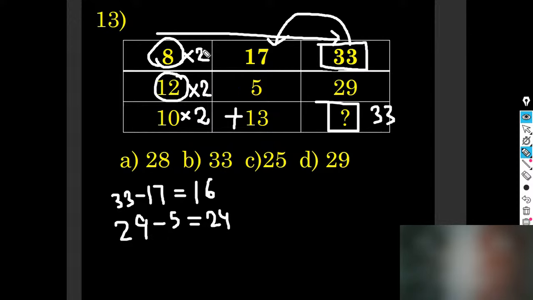Just multiply the first number by 2 and add the second one. Again here also, 12 into 2 is 24, 24 plus 5 is 29. 10 into 2 is 20, 20 plus 13 is 33. So 33 is the correct answer.